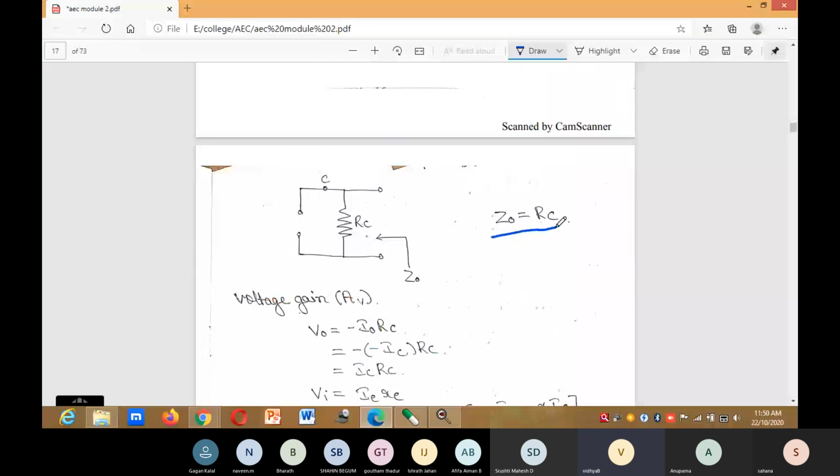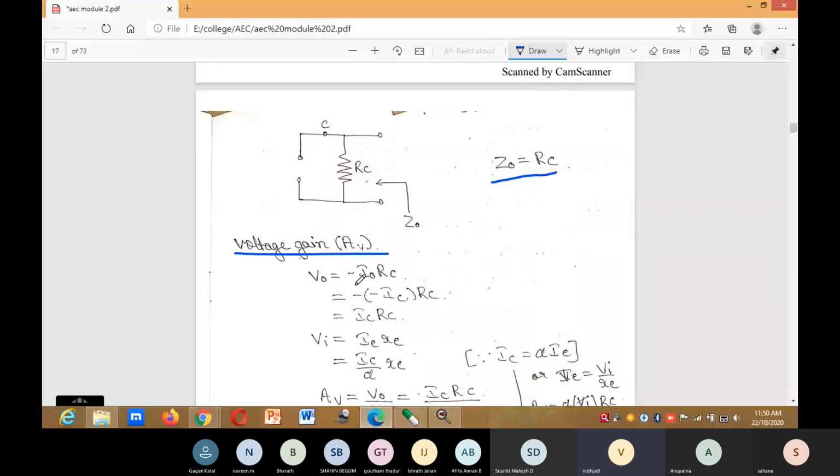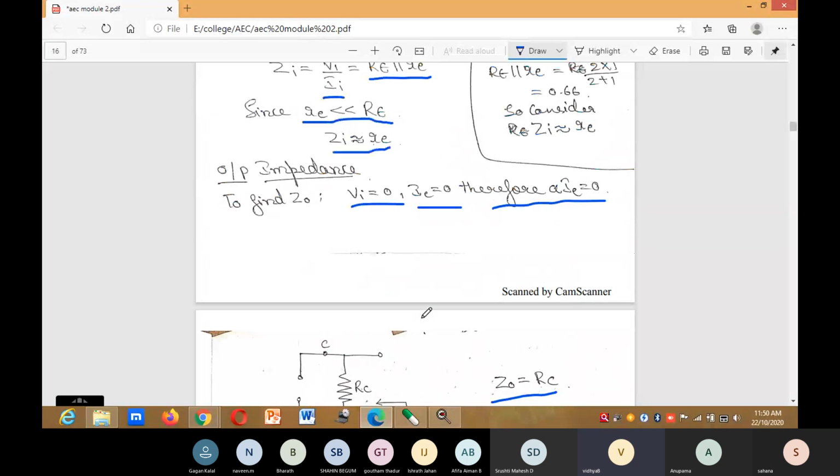Next, voltage gain. To find voltage gain, we should know output voltage and input voltage. Output voltage is equal to minus I0 RC. I0 can be written as minus IC.